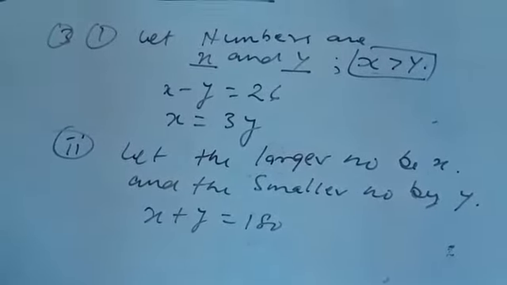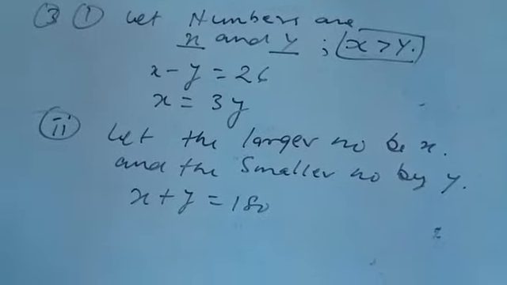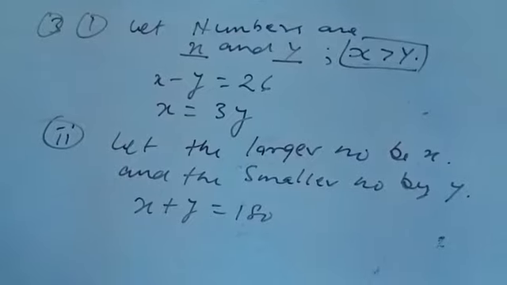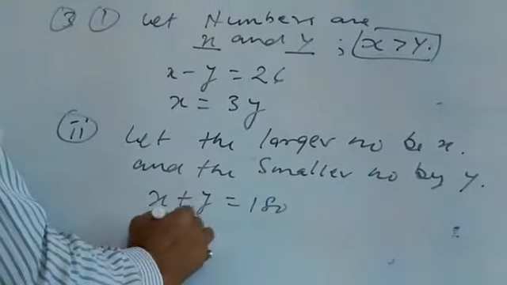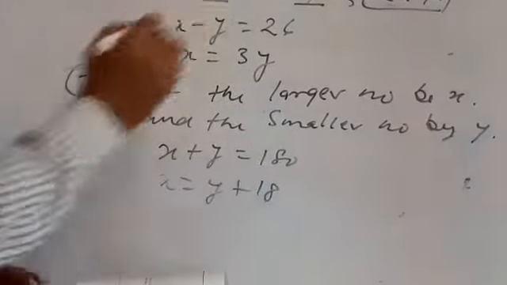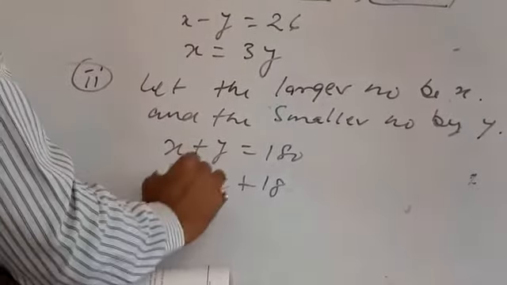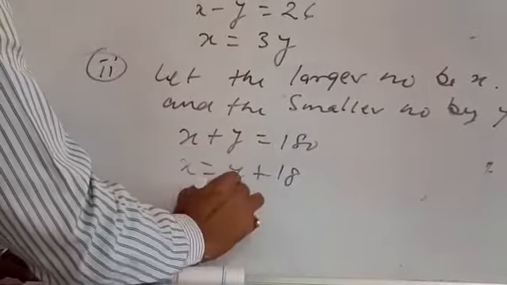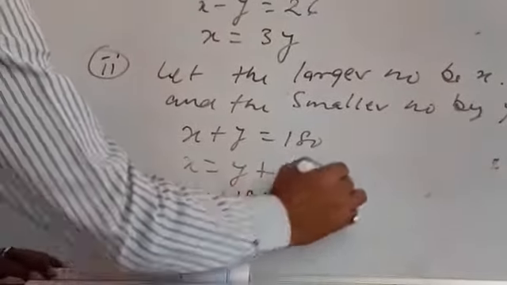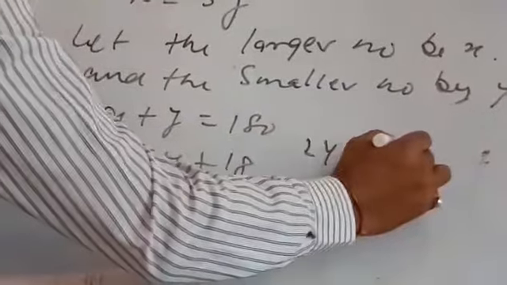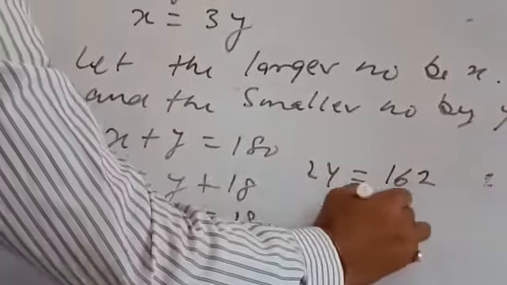Now it is given that the larger of two supplementary angles exceeds the smaller by 18 degrees. So if the larger is x, this is y plus 18, the smaller. So it gives 2y plus 18 is equal to 180, and 2y is equal to 162, so y is equal to 81.